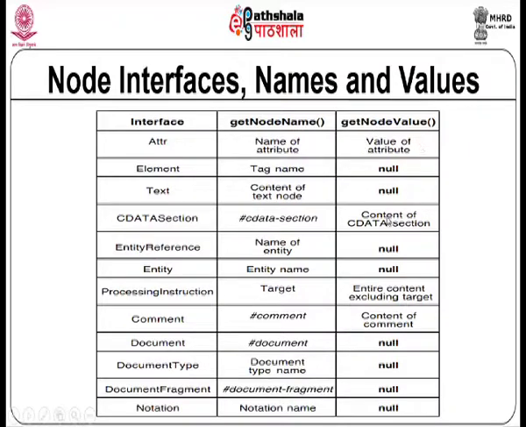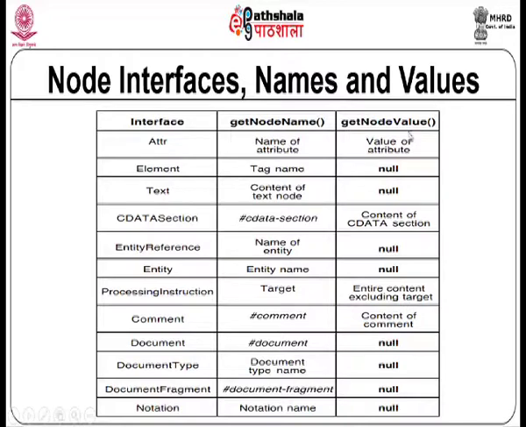Similarly, for a CDATA section, if get node name is used, it simply returns hash CDATA section. But if you use the method get node value, it returns the content of the CDATA section, the text data. Similarly, for an entity reference, it returns the entity name if get node name is used, and you have all these things listed here.